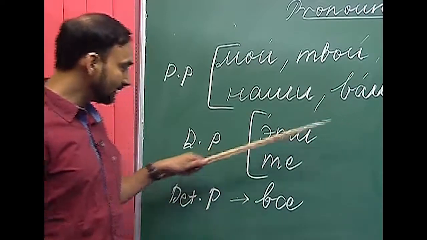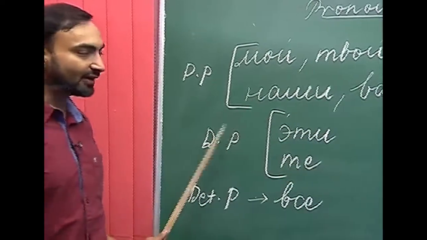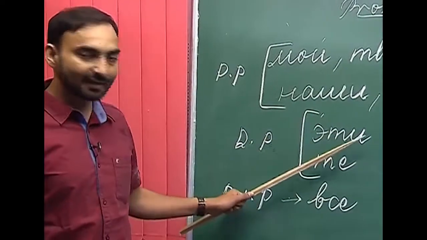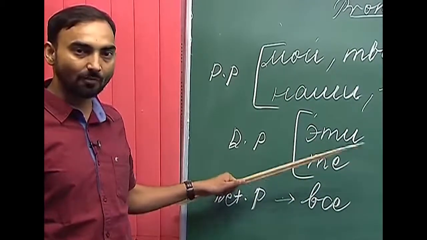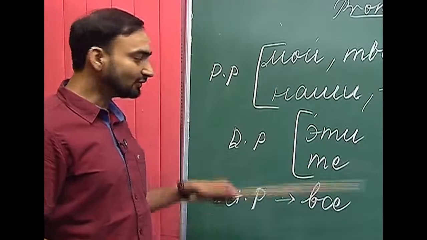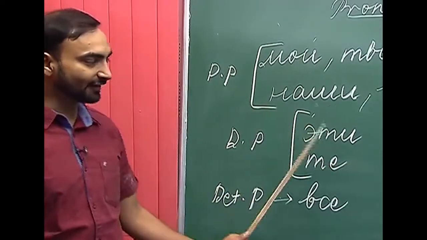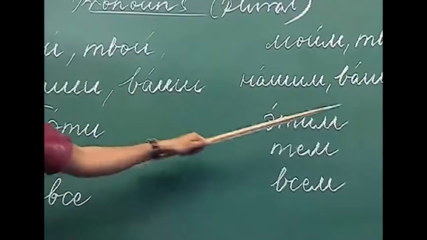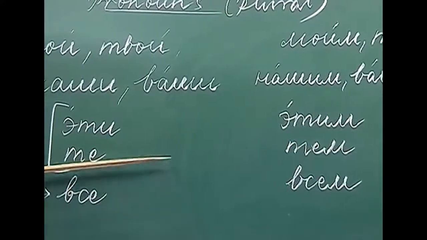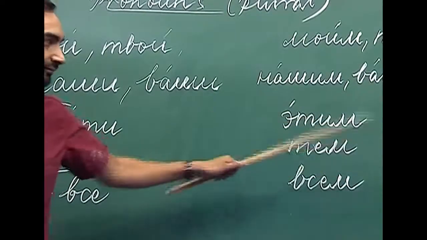Now let us move on to the demonstrative pronouns athi and che. These are the nominative plural forms of atat and tot. What happens when these pronouns are used in the dative case? Athi, achim, che, chem.